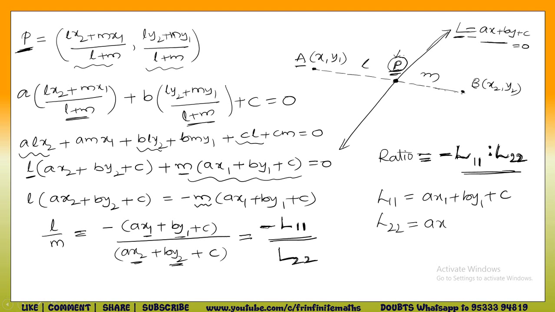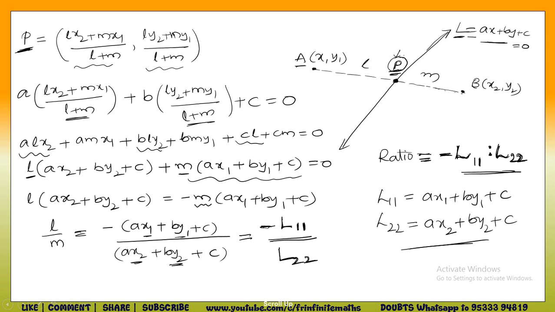L11 means Ax1 plus By1 plus C and L22 means Ax2 plus By2 plus C. So in this we have found the ratio. What is the ratio? Minus L11 is to L22.